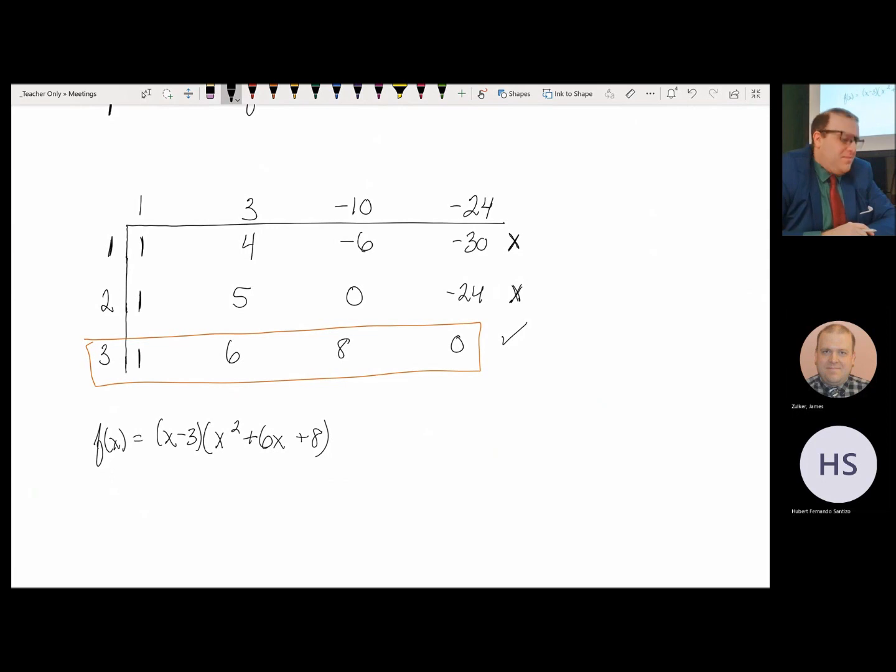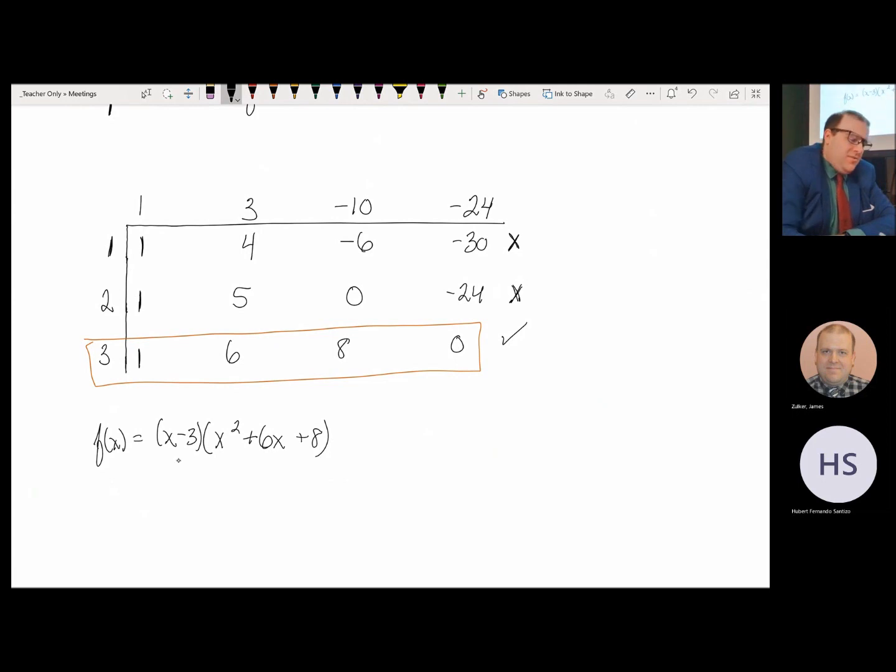That's a factor, right? Remember, synthetic division is when you divide a polynomial by x minus a. 3 was a, so we're dividing our polynomial by x minus 3. So the quotient is x squared plus 6x plus 8, and no remainder.